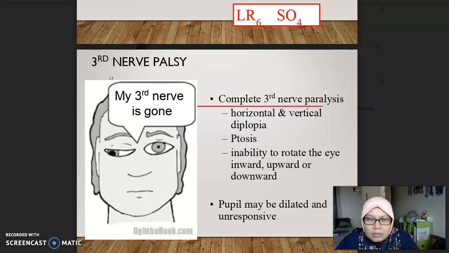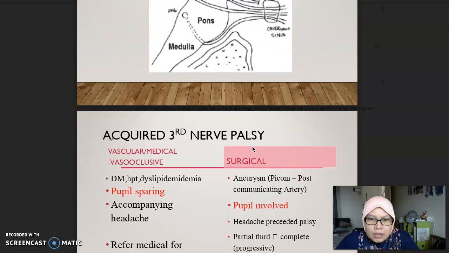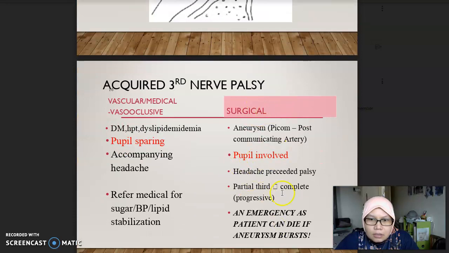The patient can stabilize the BP and get the sugar control. But you still have to warn the patient that if they have a very bad headache or the symptoms worsen, it could still be a surgical cause.